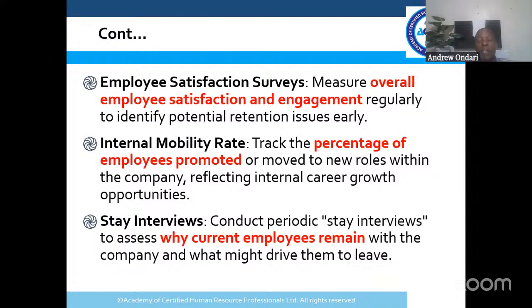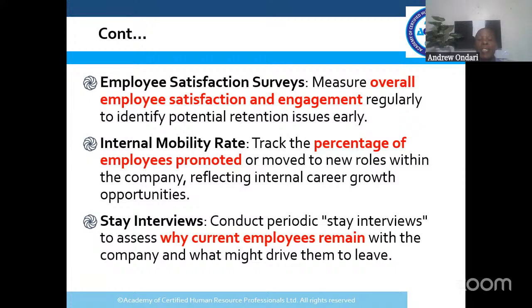Because they have stayed, it means that they have some good news or stories to tell about the organization. So we ask them why they stay, and if there are any weaknesses in the organization, we improve them, such as rewards, promotion, and training.